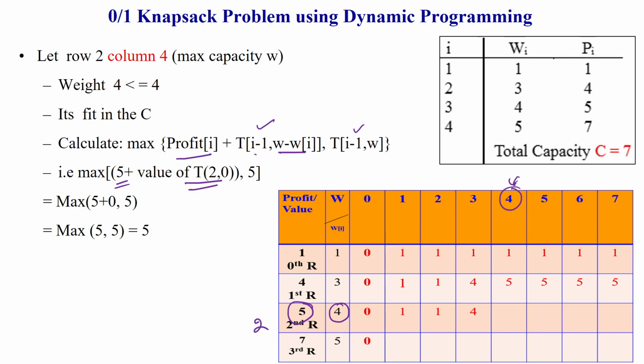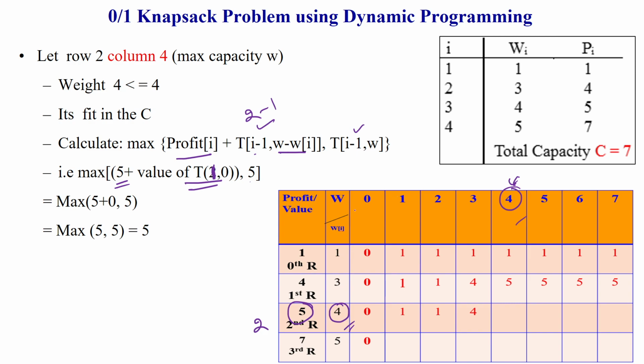So 2 minus 1, that is the value we have to get, and w here is actually 1. So 2 minus 1 is 1. Then w minus the ith weight, 4 minus 4, is 0.